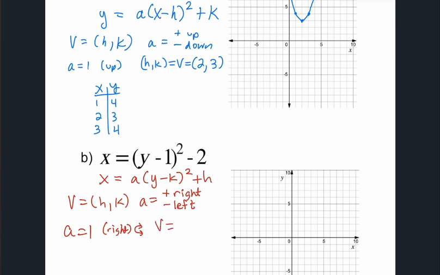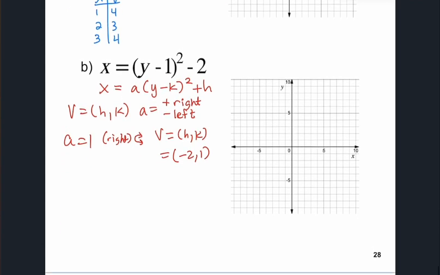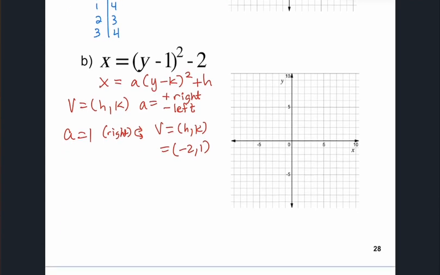Our vertex is still (h, k), but remember, the h is out here, the k is inside because it's by the y. So our vertex is (-2, 1). Now we're still going to make a table, but here's another interesting thing.